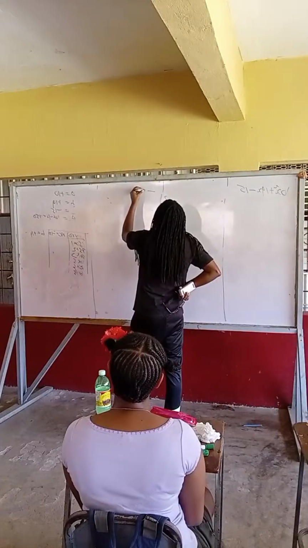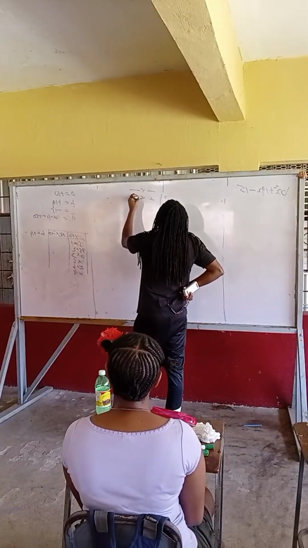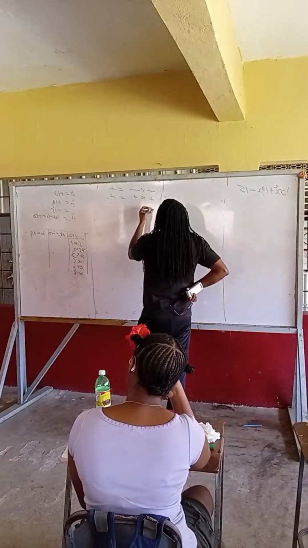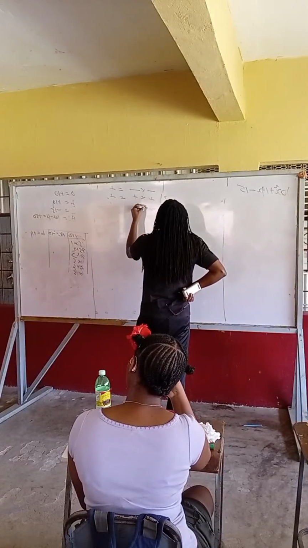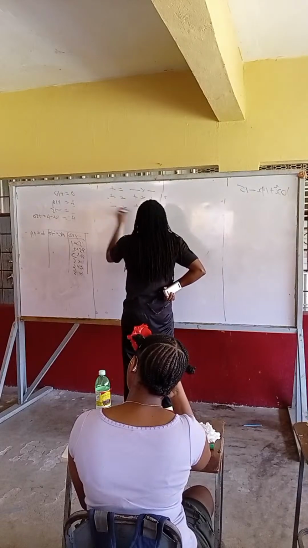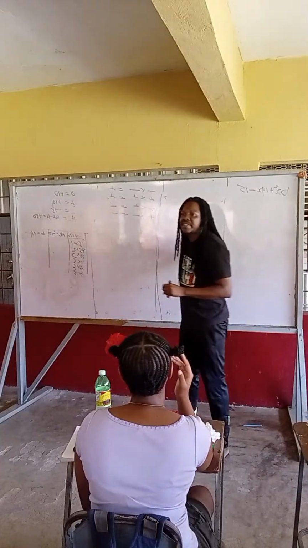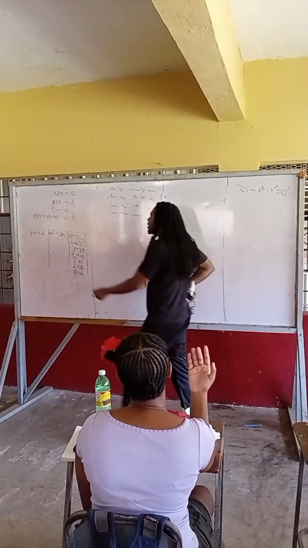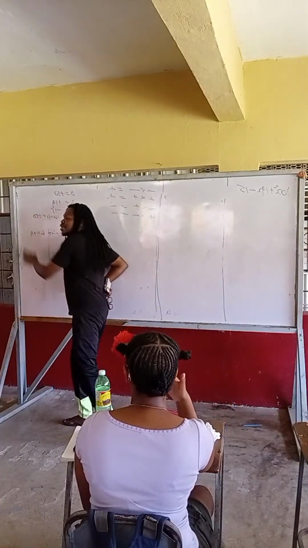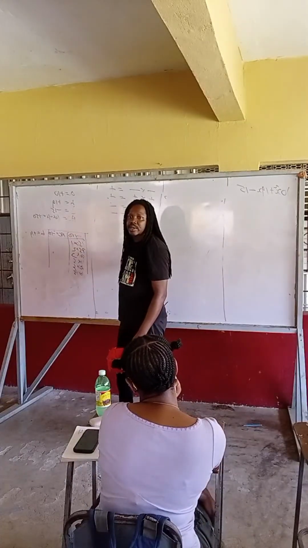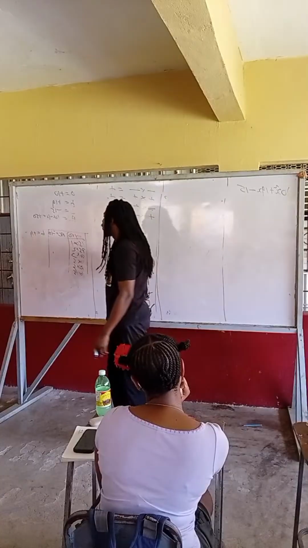Because when the signs are the same, the result is what? And when the signs are different, the result is what? Everybody see the principle of it? Yes. So from this equals negative 150, I have one positive and then I have a negative. Everybody see that? Good. Now what else do I know?